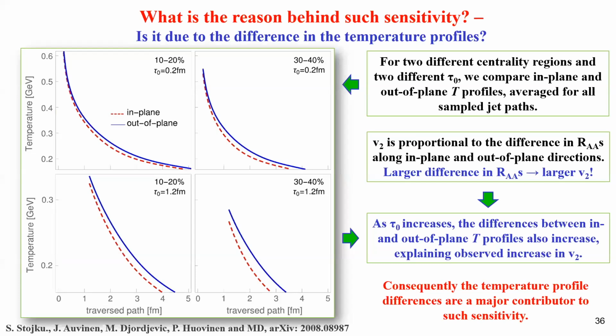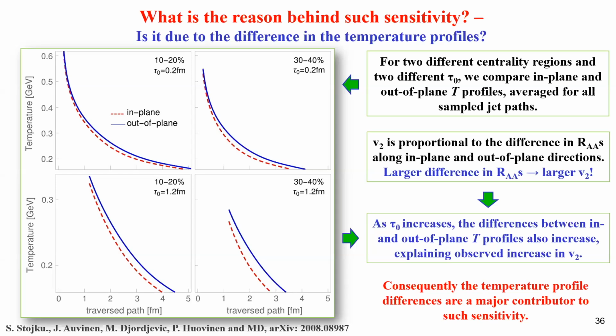So the second question: since this later quenching time is not the reason behind this sensitivity, we ask whether this sensitivity is a consequence of the differences in the temperature profiles.